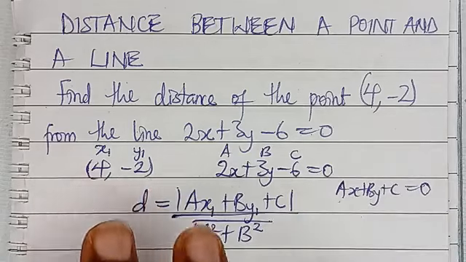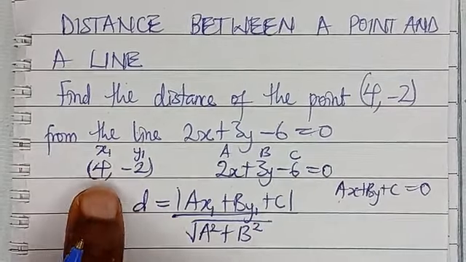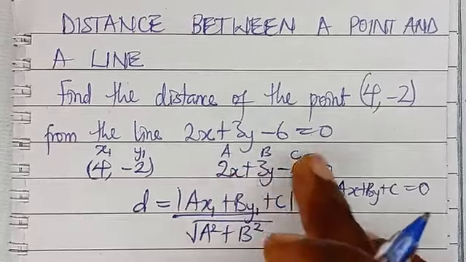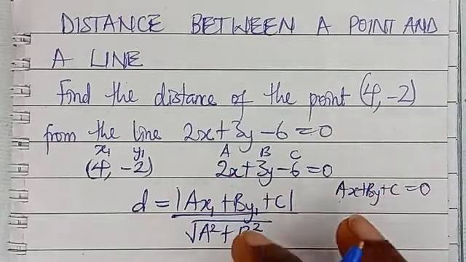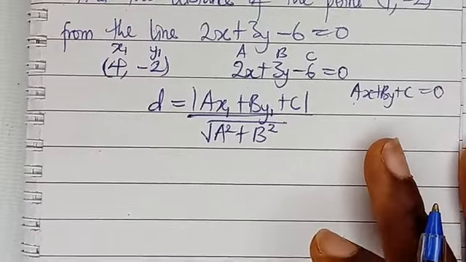So when we write out the parameters given to us, we name the point x1, y1, and then the coefficients a, b, c. Then we can write out the formula and substitute the values.